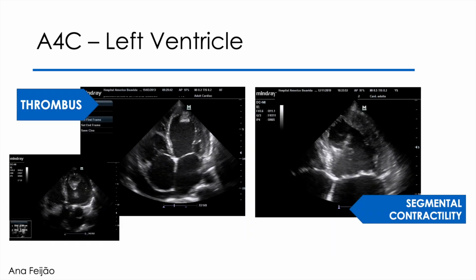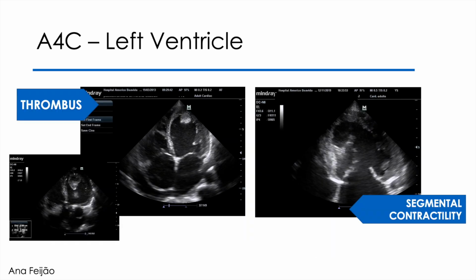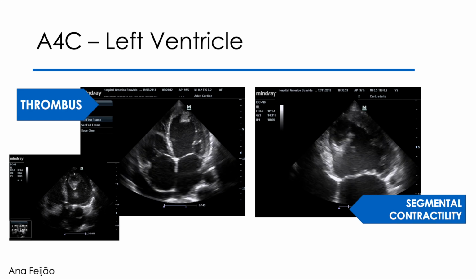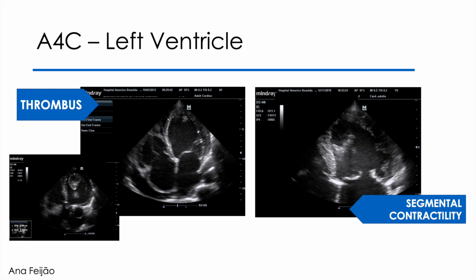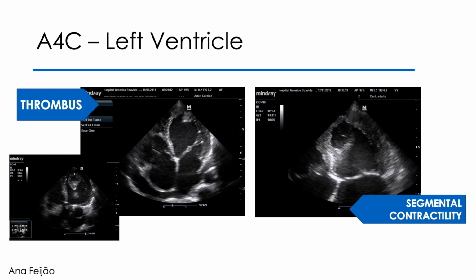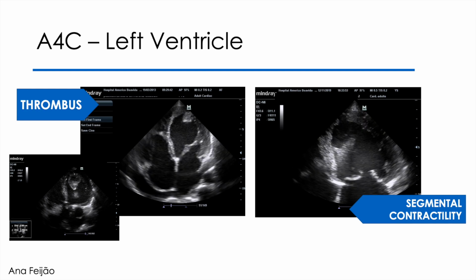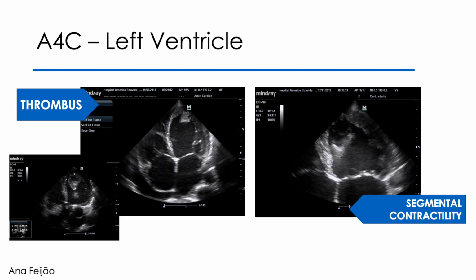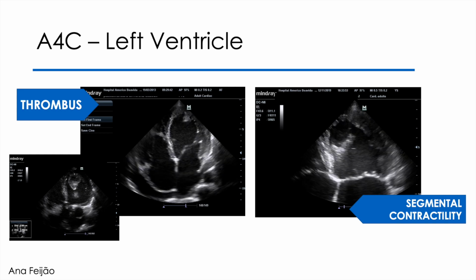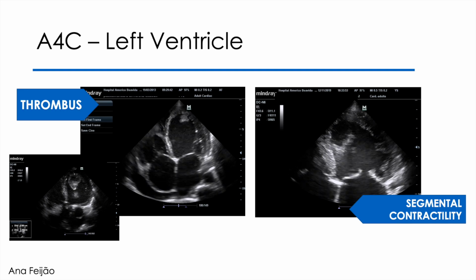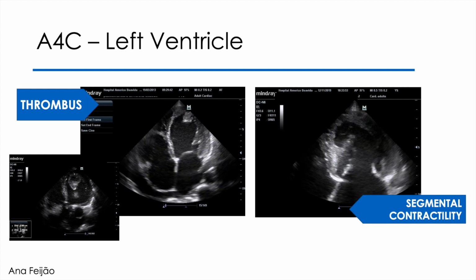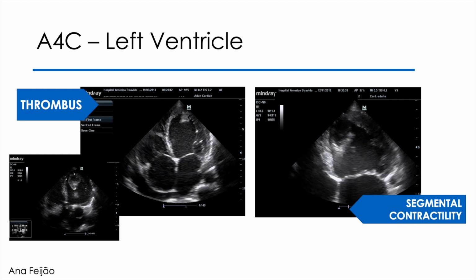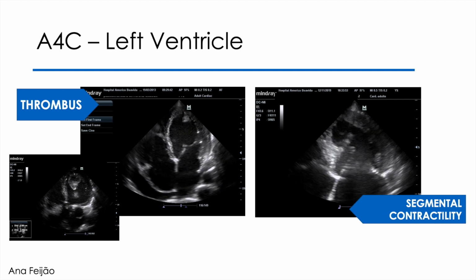In these examples, I would like to make you aware of the importance of calmly and carefully evaluating the contractile function of the left ventricle, whether global or segmental. If we are in the presence of a ventricle with systolic dysfunction, we must always look for changes in myocardial echogenicity, asymmetric changes in segmental contractility, and possible thrombi.